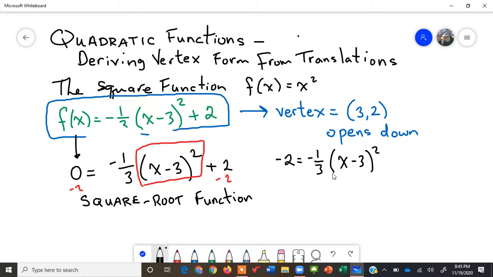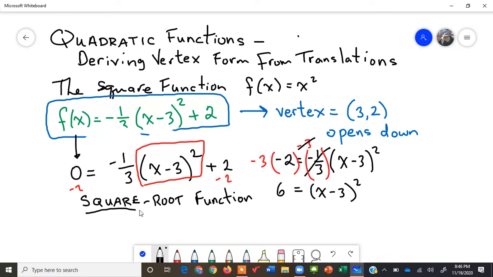Now we need to get rid of the negative 1/3, so we will multiply both sides by negative 3. So on the left-hand side now, we have a 6 equals x minus 3 quantity squared, because negative 3 times negative 1/3 becomes 1, cancels out.